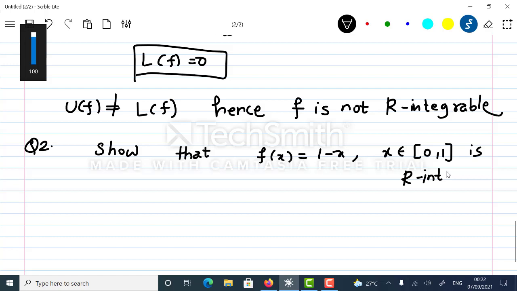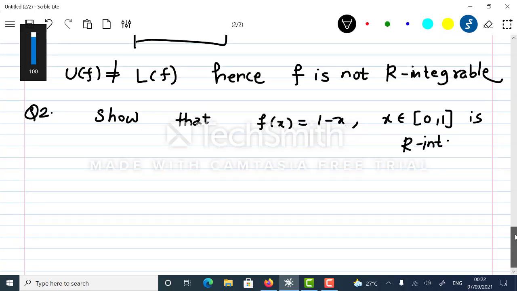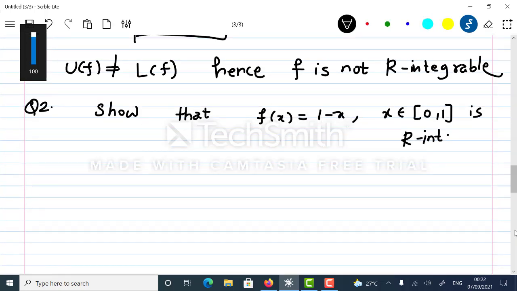Solving this won't be difficult, because to show R integrability you either use the Riemann criterion, or you find out U(f) and L(f) and both turn out to be the same, using the P_n technique: take the partition P_n and find the limit as n goes to infinity.